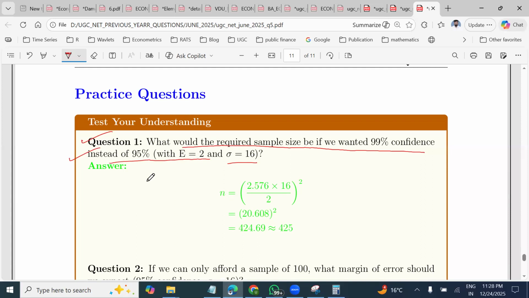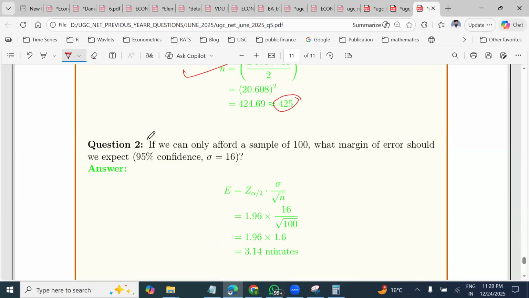What is it saying? Question first, focus. What would be the required sample size if we wanted 99% confidence instead of 95%? Ajay, your question. It will be 4 to 5. You can do it, right?